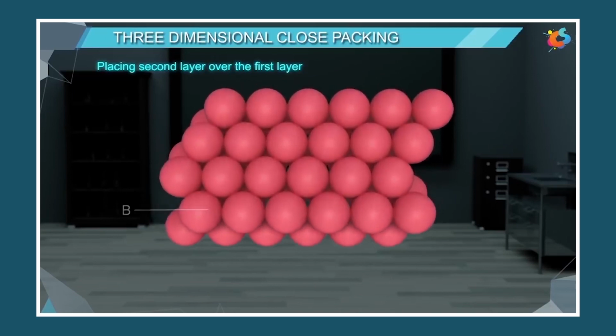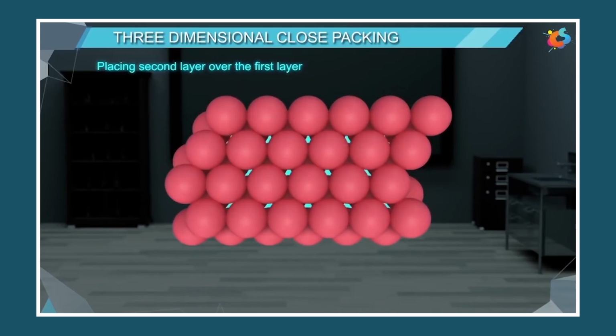On observing, we will notice that not all the triangular voids of the first layer are covered by the spheres of the second layer. This gives rise to a different arrangement and a different void. Now, let us place the third layer over the second layer. Stacking of the third layer over the second layer can be done in two ways.